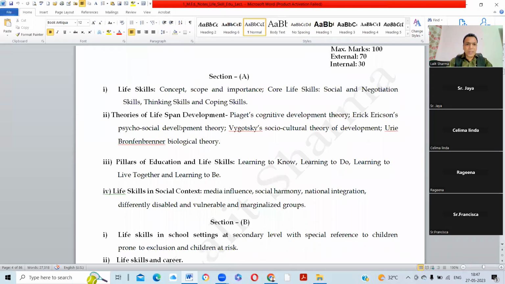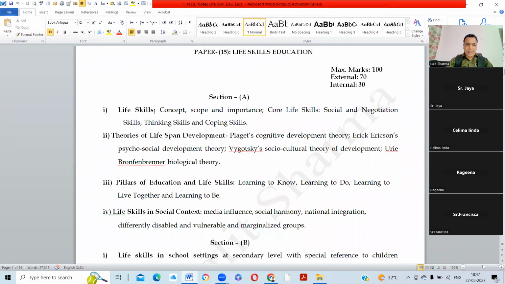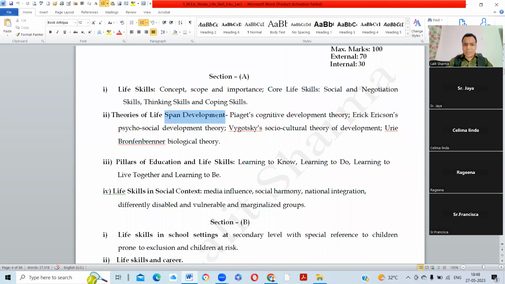In Section A, there is life skill: concept, scope, importance, core life skills, social negotiation skill, thinking skill, coping. And there are three theories under theories of lifespan development. The first theory is Piaget's cognitive development, which we have already covered in our first semester.